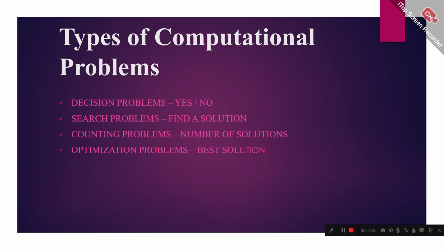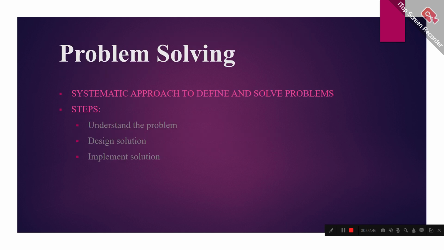Search problems involve finding a valid solution, such as locating an item in a list. Counting problems determine the number of possible solutions. Then, optimization problems focus on finding the best solution among many alternatives.